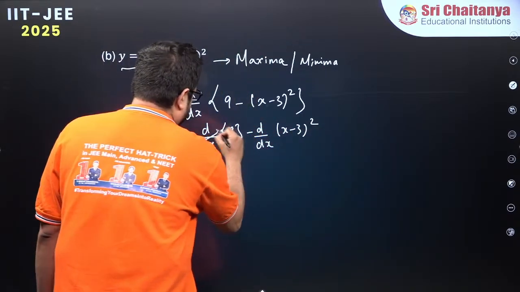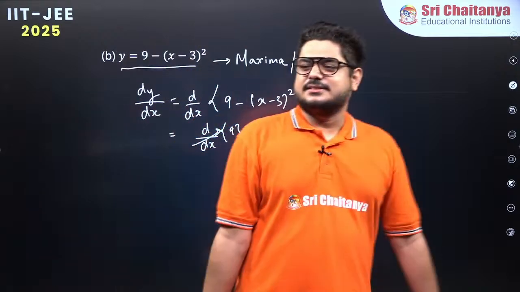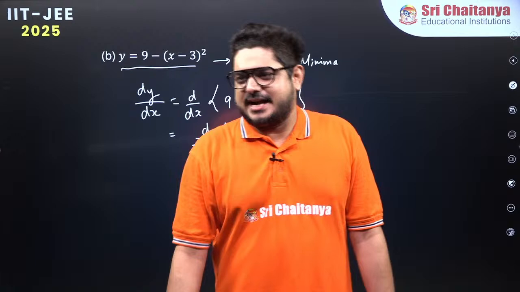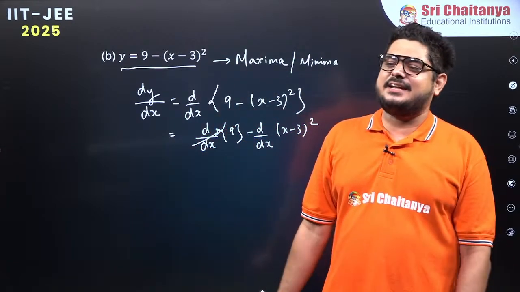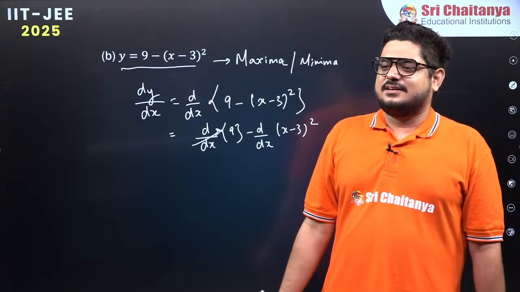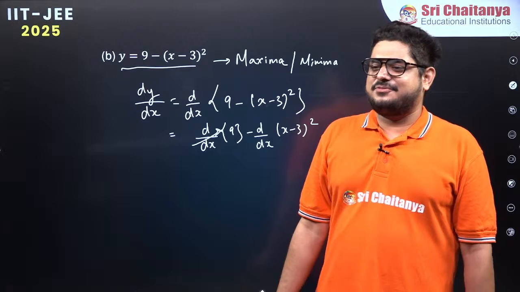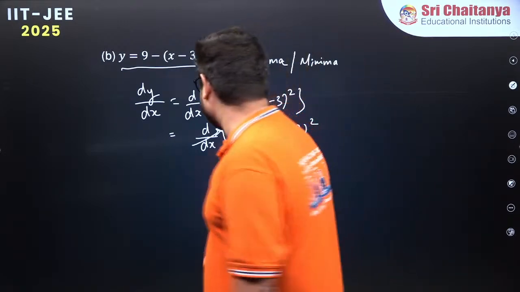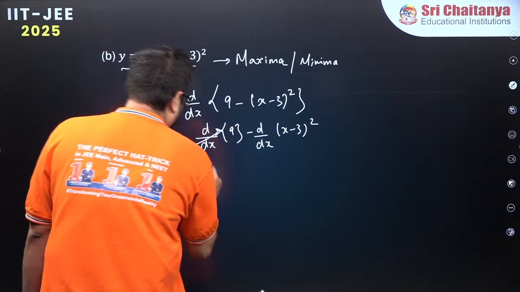What is d by dx of 9? It's a constant, isn't it? Yes, 0. So it is going to be equal to 0.